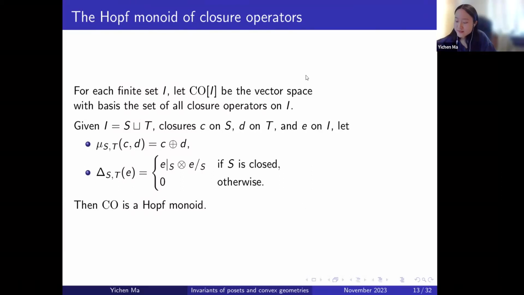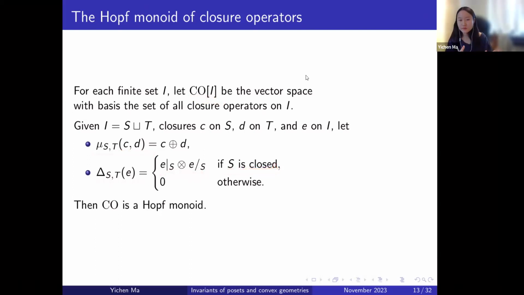For each finite set I, we let CO(I) be the vector space with basis the set of all closure operators on I. Then this CO is a Hopf monoid with the product as the direct sum and the coproduct defined as the tensor of restriction and contraction if S is closed, and zero otherwise.